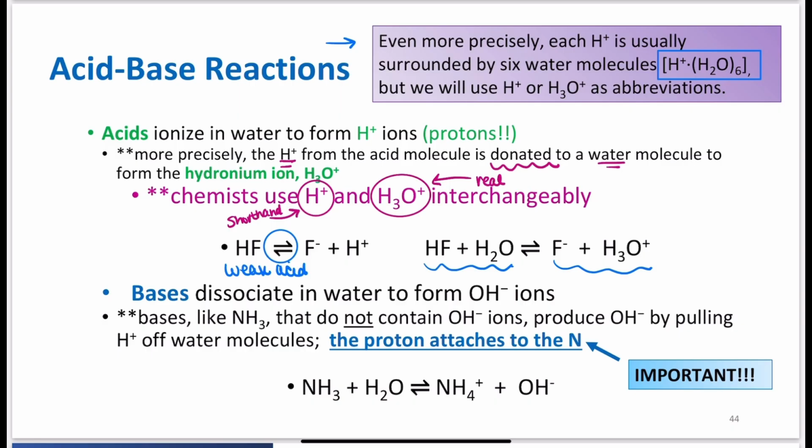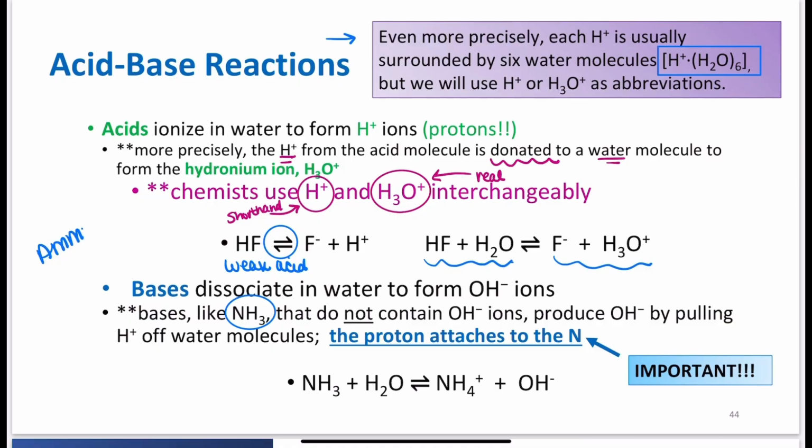Bases dissociate in water to form hydroxide ions. So bases like ammonia, NH3, which you don't technically have to have memorized yet, but it would be easier on your life if you just went ahead and memorized ammonia is NH3. They do not contain hydroxide ions, but they form hydroxide ions in solution by pulling that proton off of a water molecule.